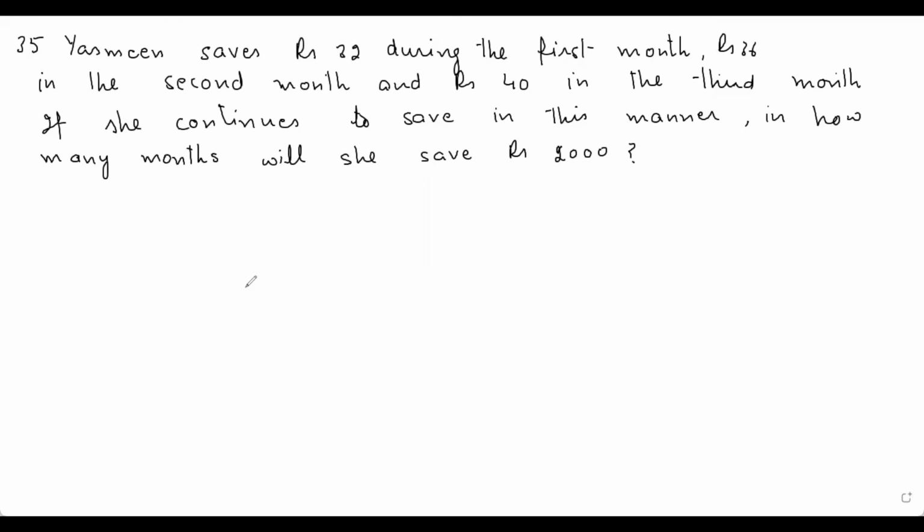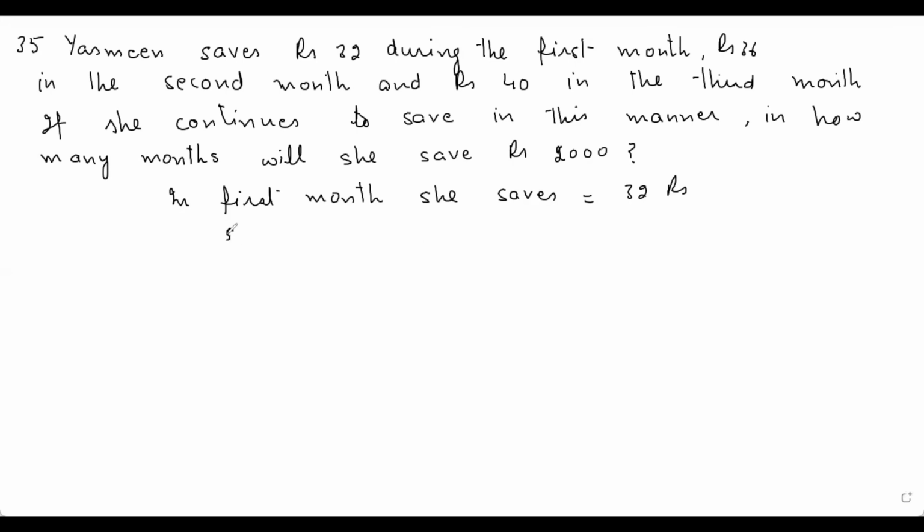Now the 35th question is, Yasmin saves rupees 32 during the first month, rupees 36 in the second month, and rupees 40 in the third month. If she continues to save in this manner, in how many months will she save rupees 2000? In the first month, she saves how many rupees? 32.